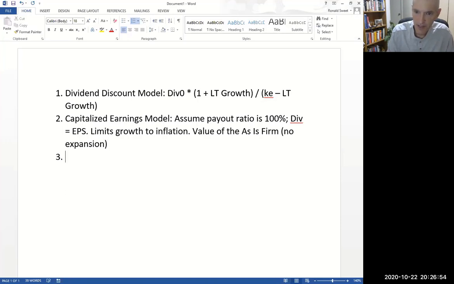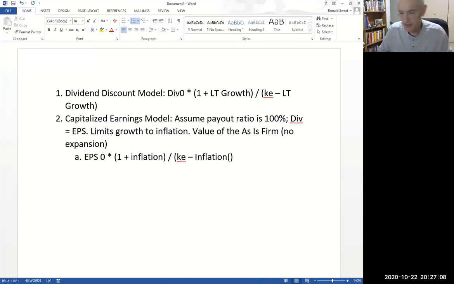And the formula for that is earnings per share 0 times (1 plus inflation) divided by (KE minus inflation). Here's where you need the inflation rate. Exactly like the dividend discount model, except we're going to use earnings per share instead of dividends because we're paying out all of our earnings per share. And because that's going to limit our growth, we'll limit our growth to inflation.